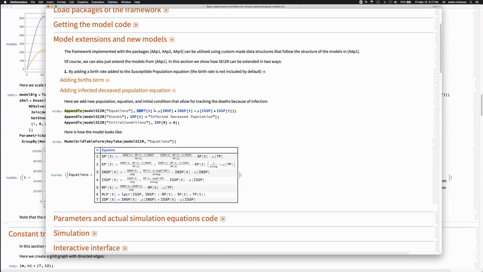It's very simple. I have the death rate multiplied by the infected people, normally symptomatic and severely symptomatic. I'm not tracking the usual deaths. The deaths from the other populations are not tracked here. So this equation is only tracking the deaths from infections.